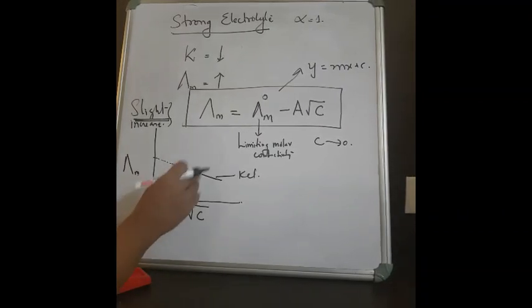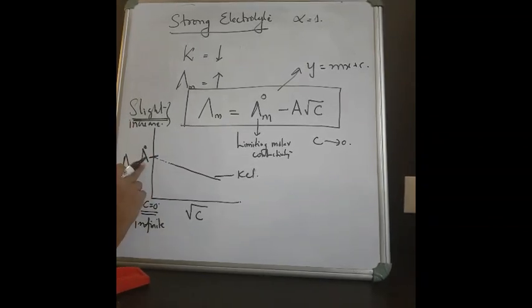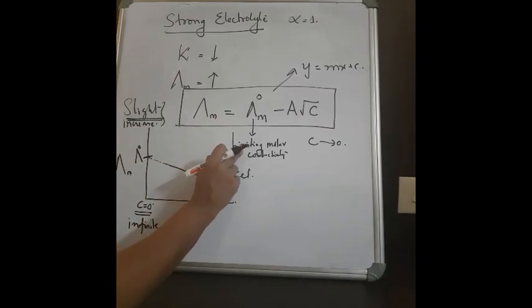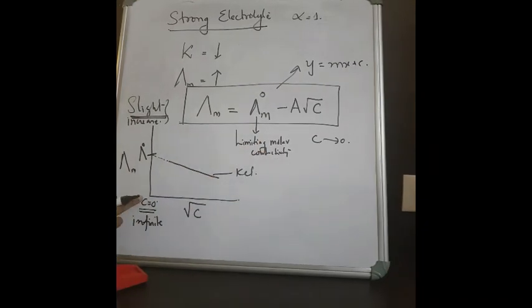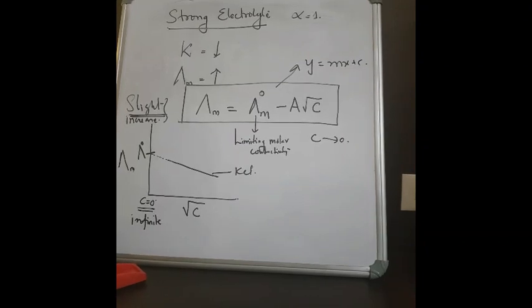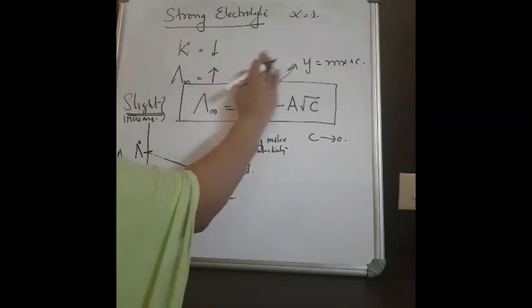Now here it intercepts, and that point is called lambda 0. What is lambda 0? Lambda 0 is the limiting molar conductivity, or the molar conductivity at zero concentration. Correct?